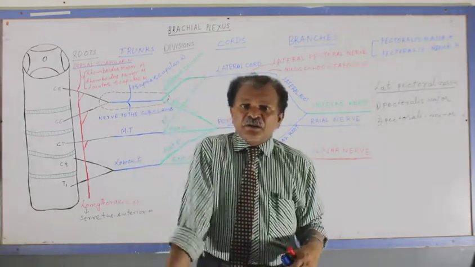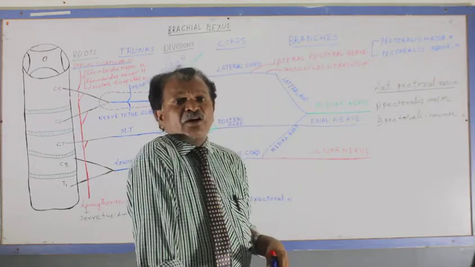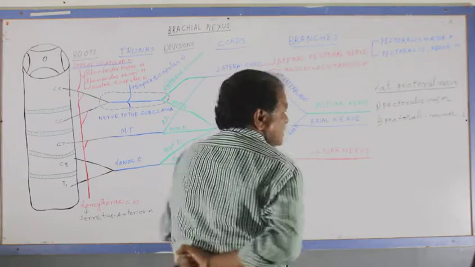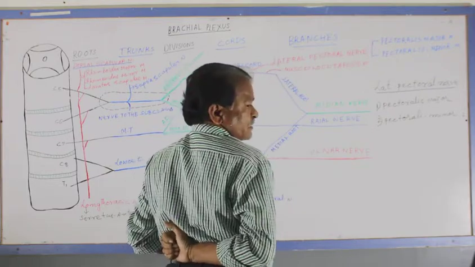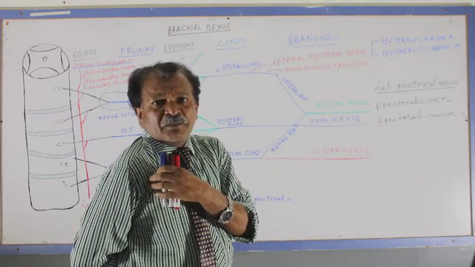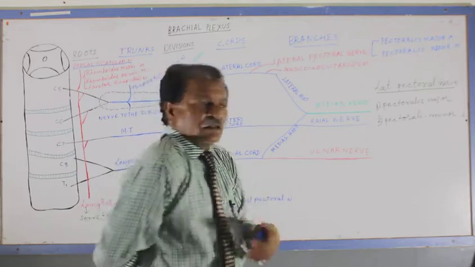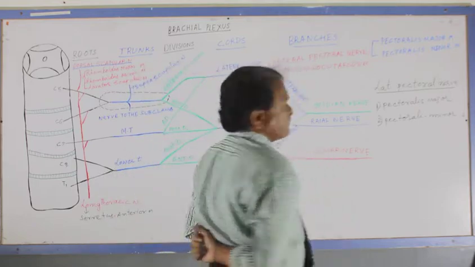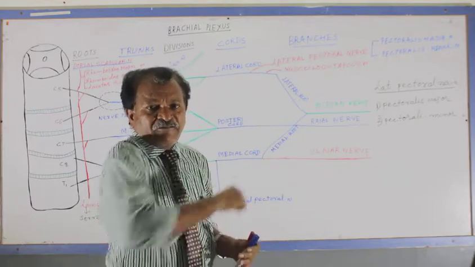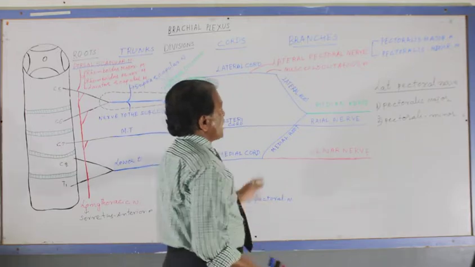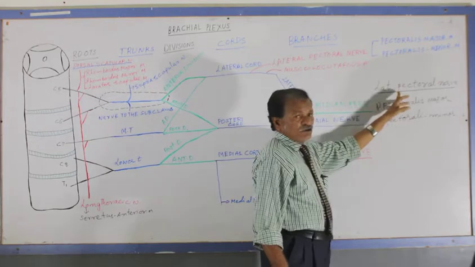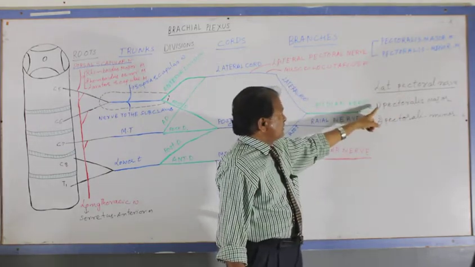This is simple medial rotation, but in complete medial rotation the head of the humerus completely rotates. The medial rotation of the arm and the flexion, these two movements are disturbed in injury to the lateral pectoral nerve.